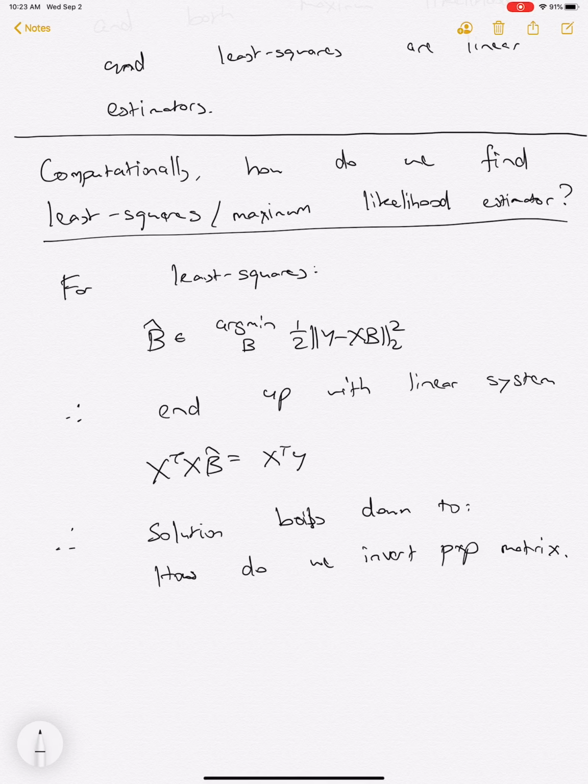The solution boils down to how do we invert a P by P matrix.